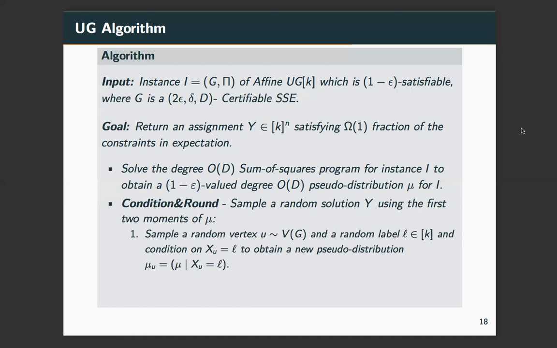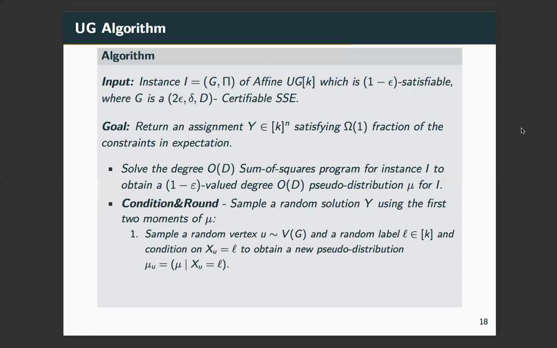Firstly, sample a random vertex u from the graph and a random label L in 0 to K minus 1, and condition the distribution on the event that the vertex u takes the label L, to obtain the new conditioned pseudo-distribution mu subscript u.